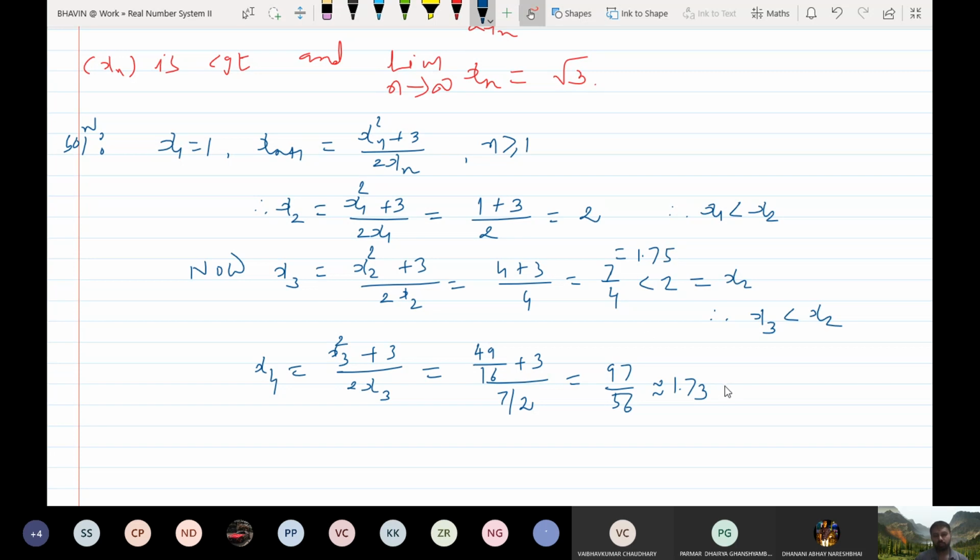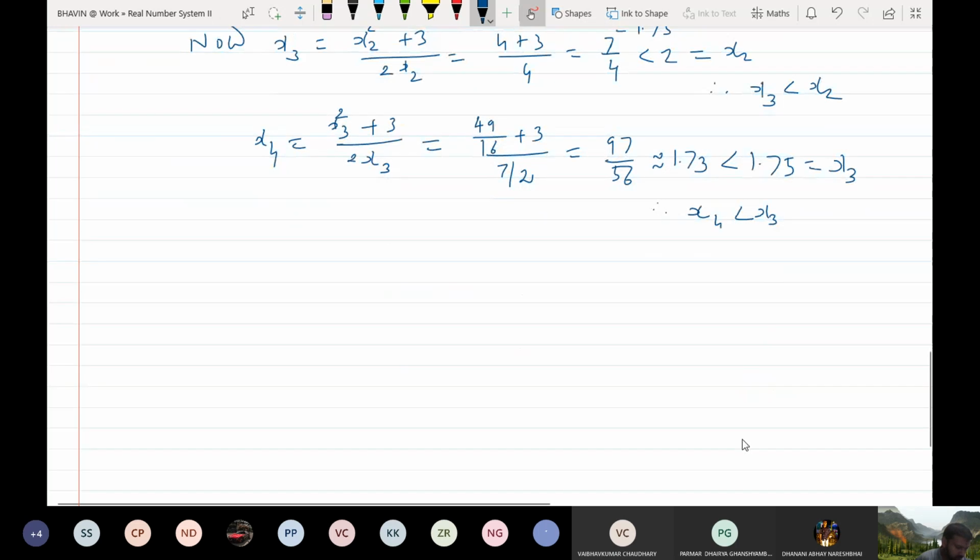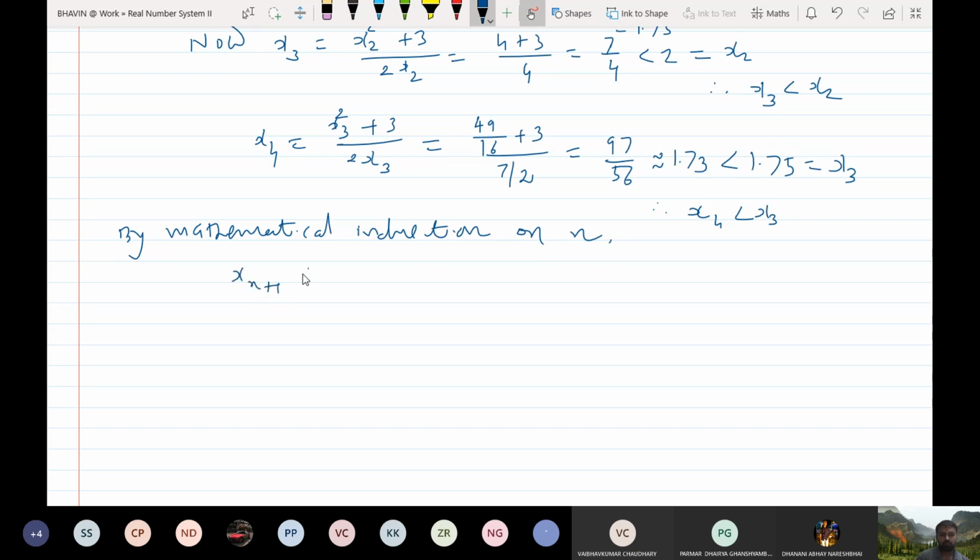So see, this is x4, this is less than 1.75, which is equal to x3. So from here you can find that x4 is less than x3. So in general you can see that the sequence is bounded, so by induction, for all n greater than or equal to 2, isn't it?